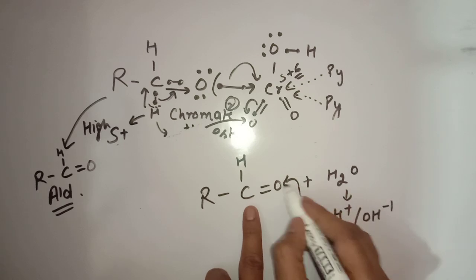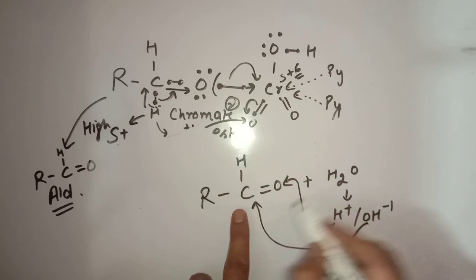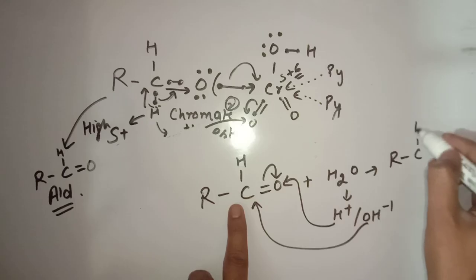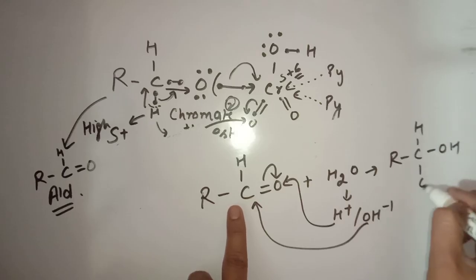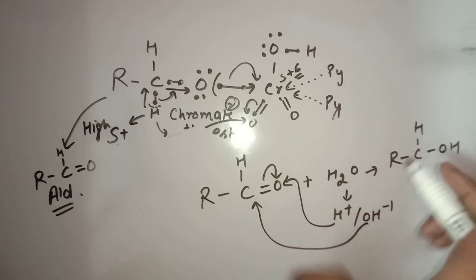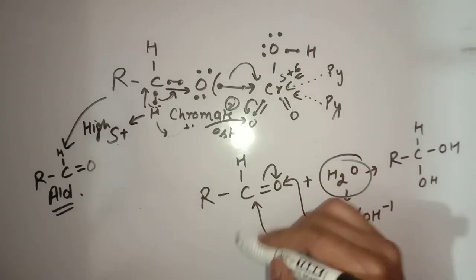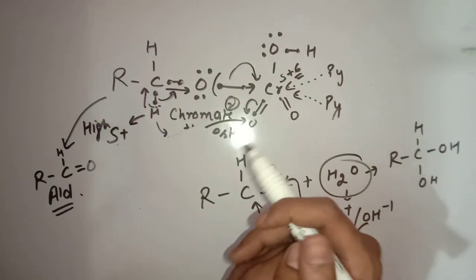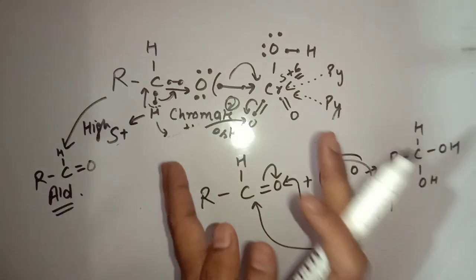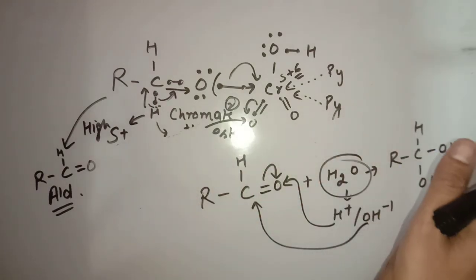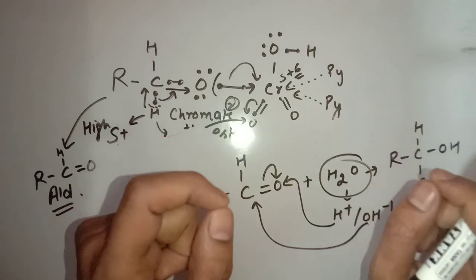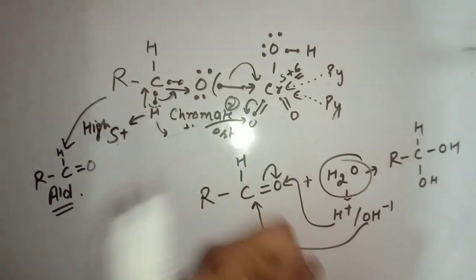This H positive will attack on O, this OH will attack on carbon, bond will shift, and this compound must be created. We call it hydrated aldehydes. But for that, water molecules are required, and in this Collin reagent water molecules are not available. That's why aldehydic oxidation will not happen further. That's why Collin reagent is able to stop oxidation of 1 degree alcohol up to aldehydic stage.